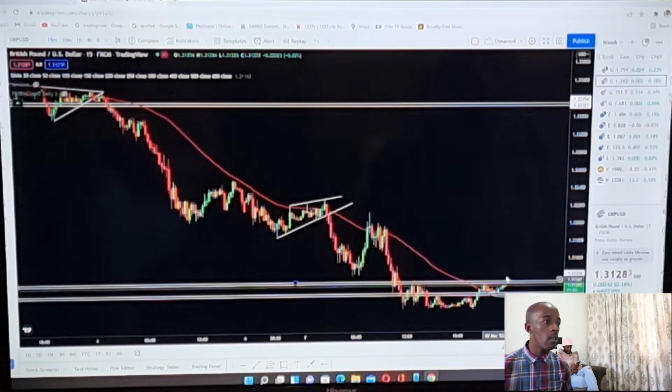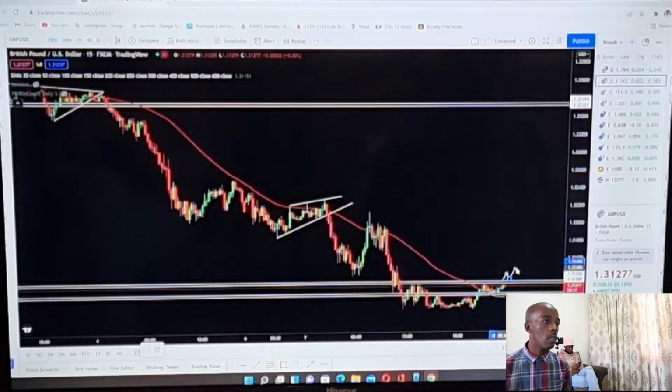What I can tell you is, as soon as it breaks out here and retests, it can shoot up, because it already retested here.